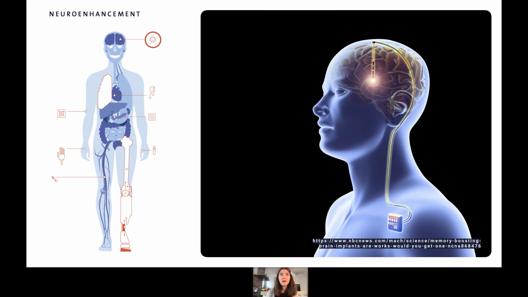And then we talked already about neuro enhancement and these implants that already exist to change parts of the brain, but the overall goal of neuroscience is to understand the brain.